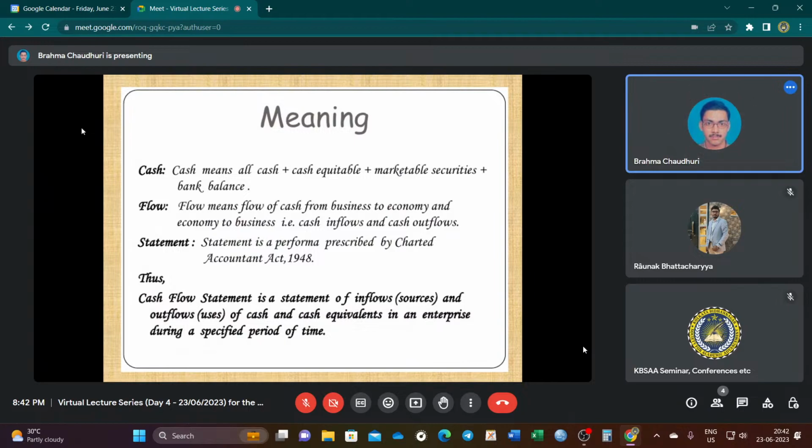Paper currency, cheque, demand draft, etc. are all included in cash, as well as certain marketable securities and cash equivalents. So cash as well as cash equivalents is the subject matter of the cash flow statement.